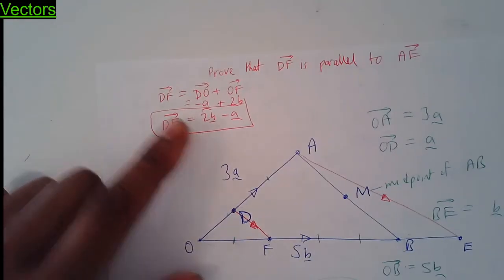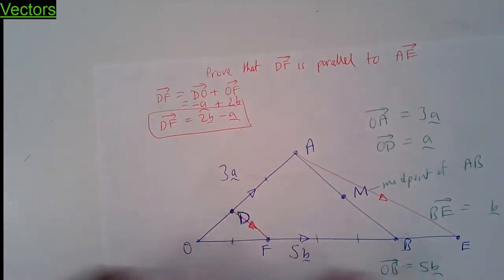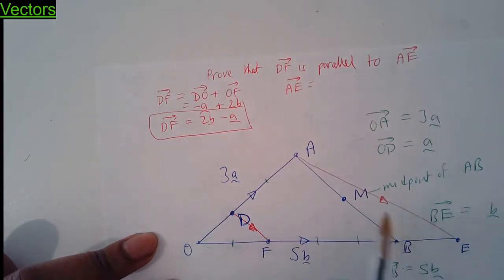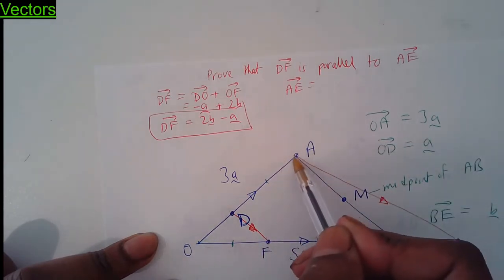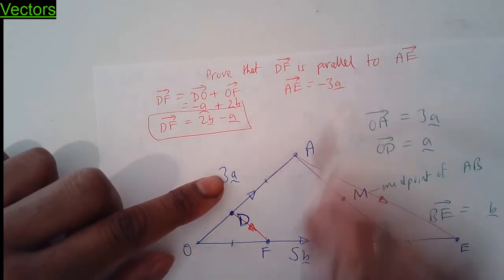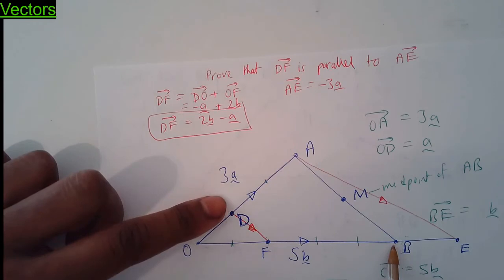What I need to do now is work out A to E. Remember, that's what I want to work out, A to E. I've got to go this way, and then I've got to go all the way that way. To get from A to E, it'll be in the reverse direction of 3a. That'll be minus 3a, and then remember, O to B is 5b, and then B to E is another b. So that's 5b plus 1b makes 6b. Altogether, that way 6b.